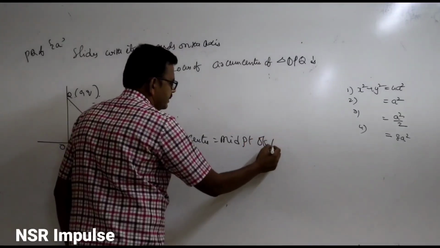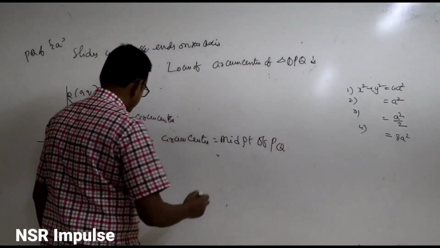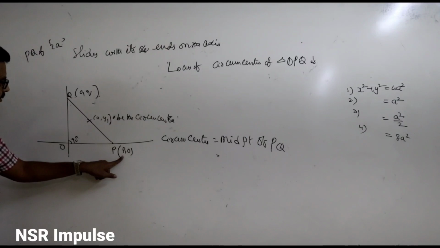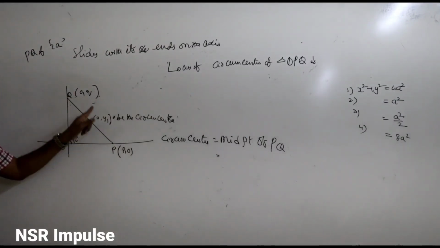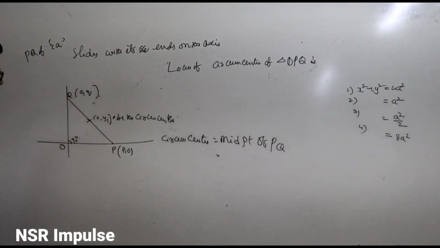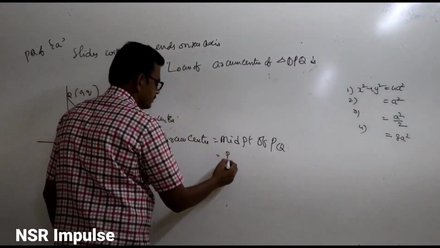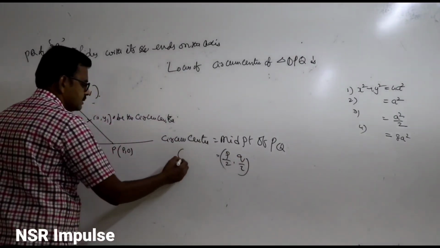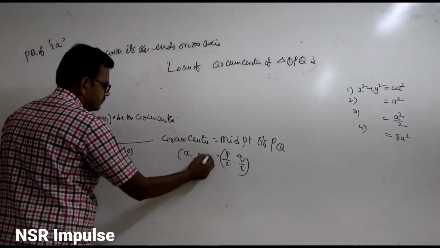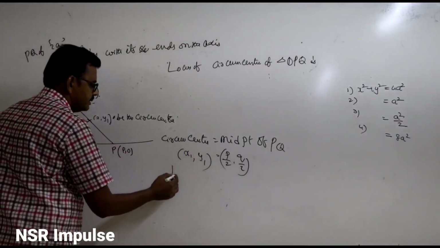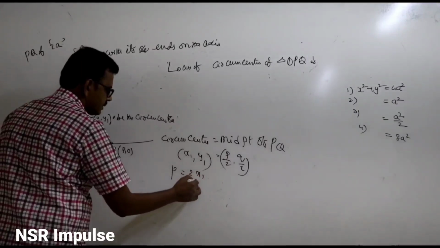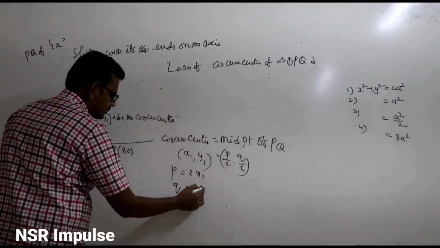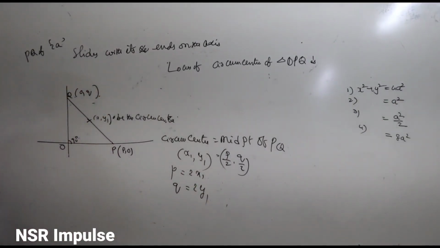Midpoint of PQ. Midpoint of PQ is what? x1 plus x2 by 2, y1 plus y2 by 2, which is P by 2 comma Q by 2. That is x1 comma y1. Therefore, P is equal to 2x1 and Q is equal to 2y1.